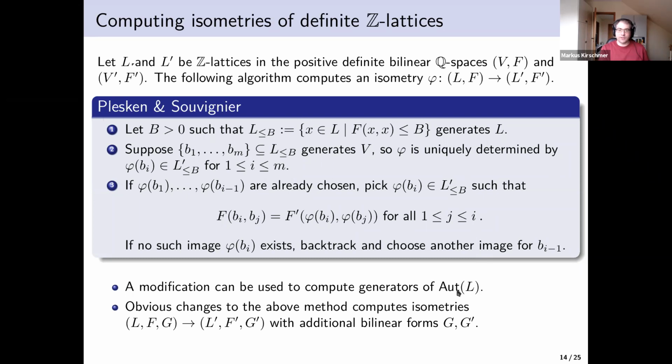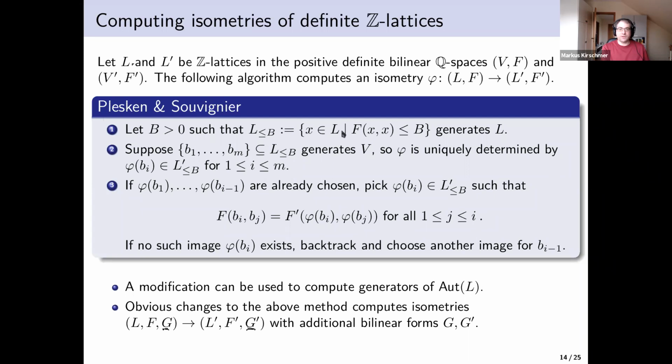Now, using a similar trick, you can find the isometries of L to L itself. That's the automorphism group of L. And I can not only find lattice isometries between two lattices that fix a form F, I can also add additional bilinear forms G and G prime, and they don't have to be positive definite anymore.